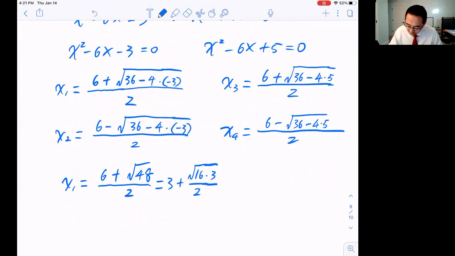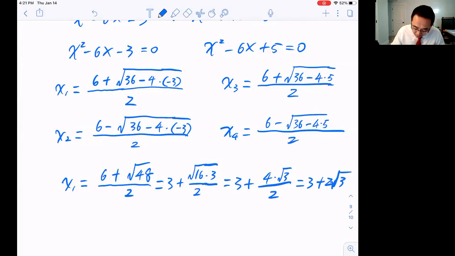And the square root of 16 is 4. So that's 3 plus 4 times the square root of 3 divided by 2, which is 3 plus 2 times the square root of 3. And x2 then equals 3 minus 2 times the square root of 3.